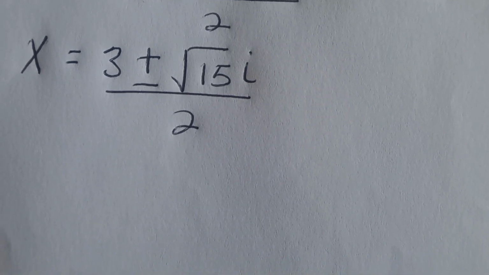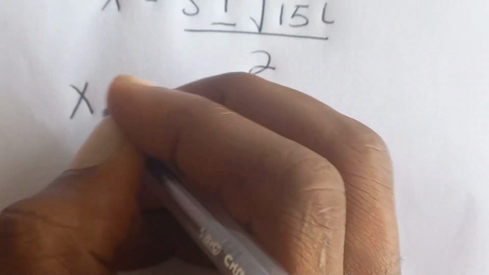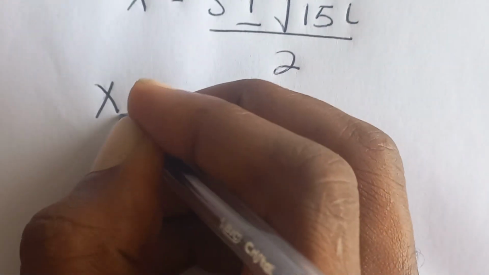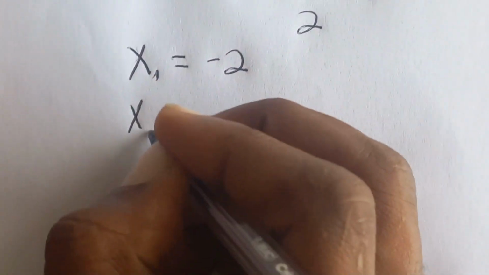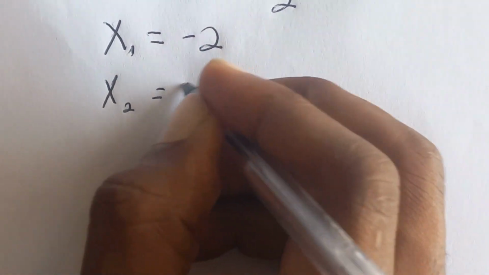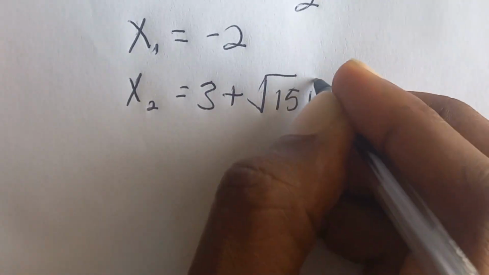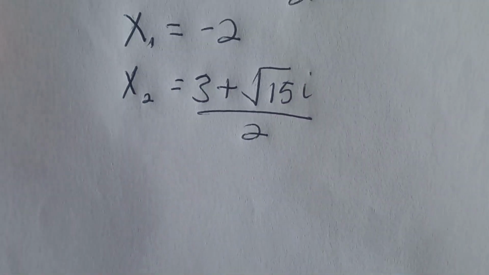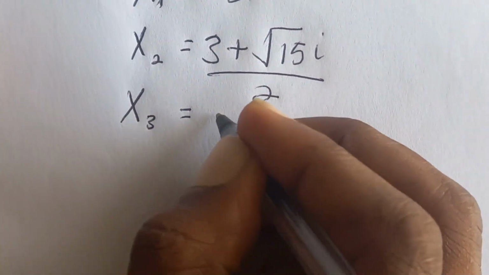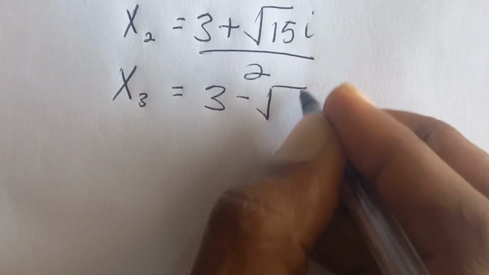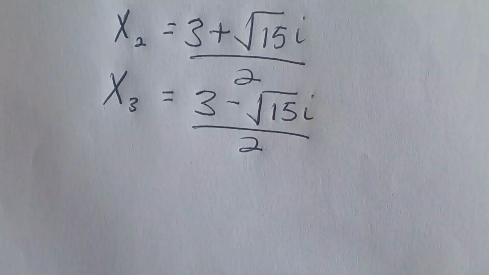Okay, so the answers for x in this case: we have x is equal to negative 2 as one of the answers, and then x equal to 3 plus square root of 15 i over 2 as another answer, and then the third one is 3 minus square root of 15 i over 2 as one answer.